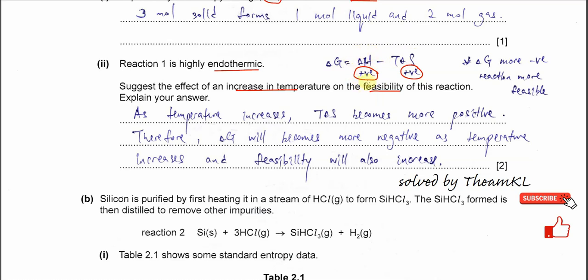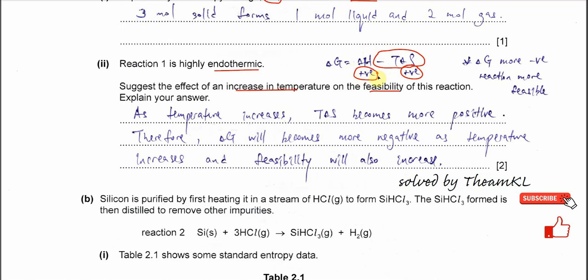Since it's an endothermic reaction, delta G is more likely to be positive, but it still depends on the entropy value, which is positive. So the negative T delta S can be negative enough to overcome this endothermic value, this delta H, which is positive.